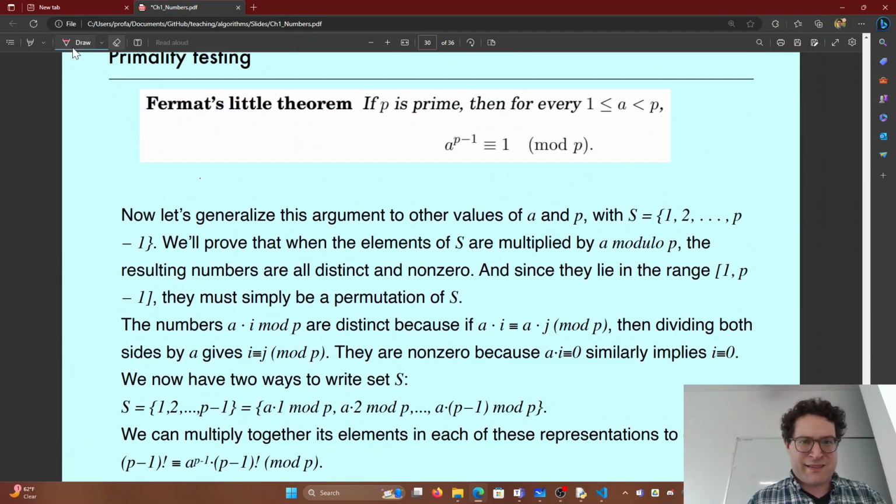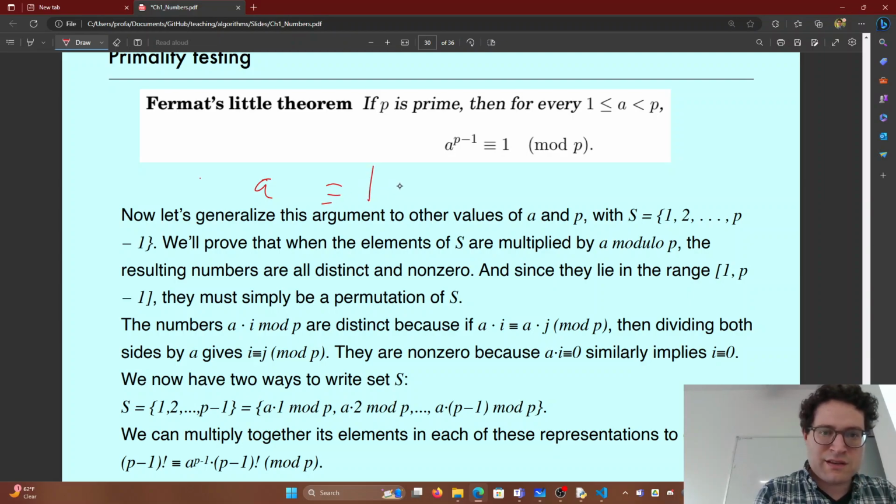As a side note, this is actually a more specific version of a more general theorem called Euler's theorem, which looks very similar.